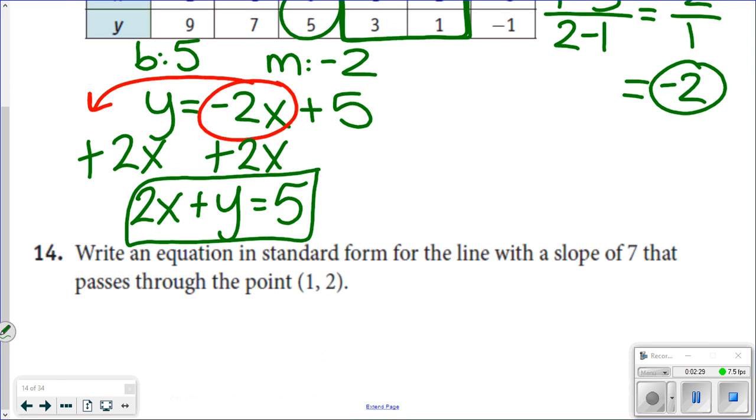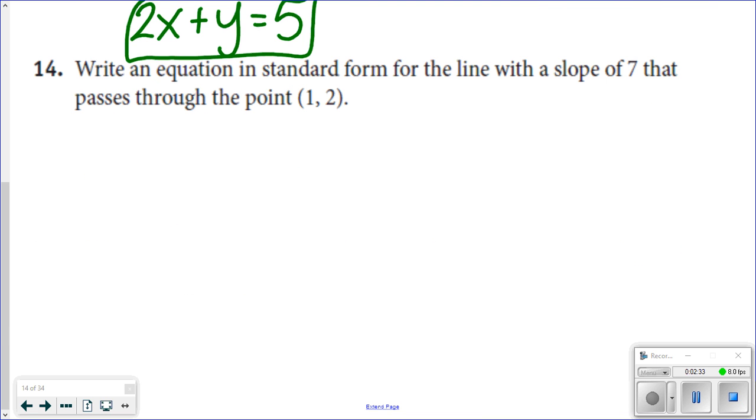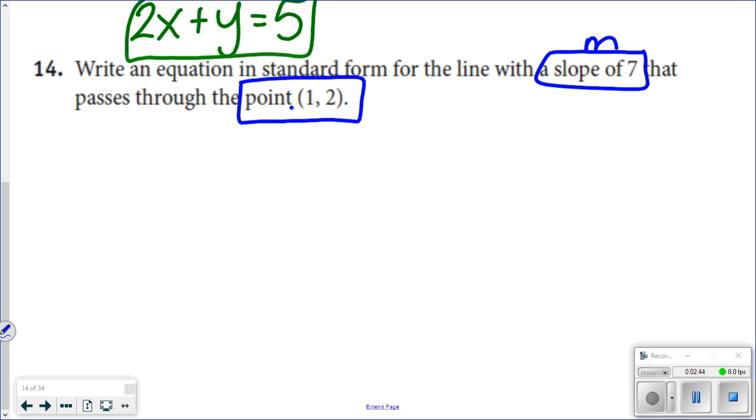Question 14. Write an equation in standard form for the line with a slope of 7, so this is our m, that passes through the point 1, 2. So this is x1, y1. So I know I have to use point slope form first and then convert it into standard form.